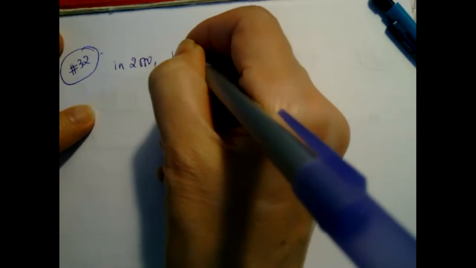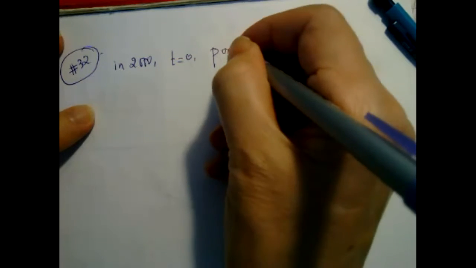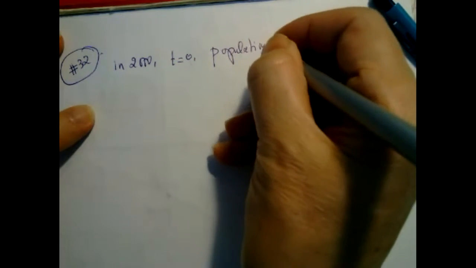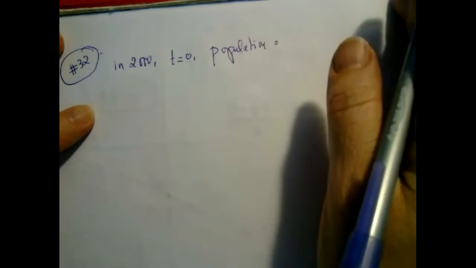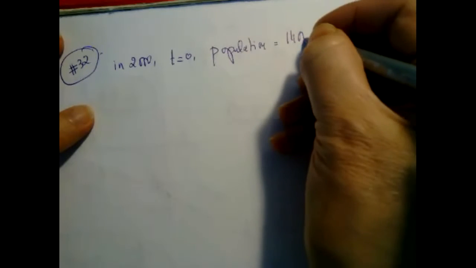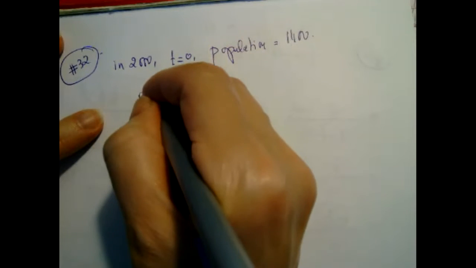So let us write down everything they've given us in this problem. At T equals 0, in the year 2000, the population is how much? 1,400.